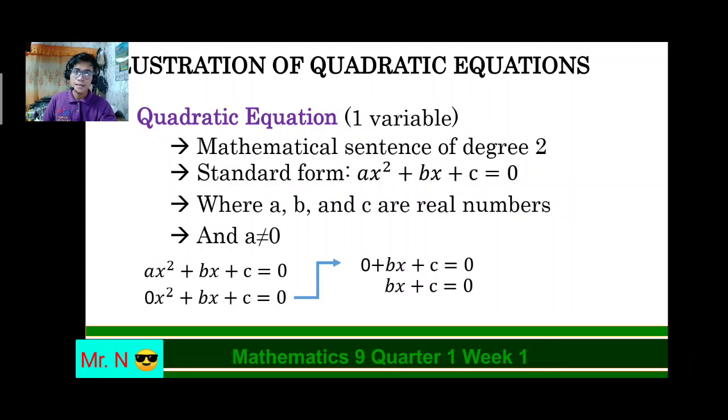So what is the highest exponent on the resulting equation? Okay, 1. Meaning to say, it has a degree of 1. And it is a linear equation, not a quadratic. So when a is equals to 0, it becomes linear equation. So a should not be equal to 0.